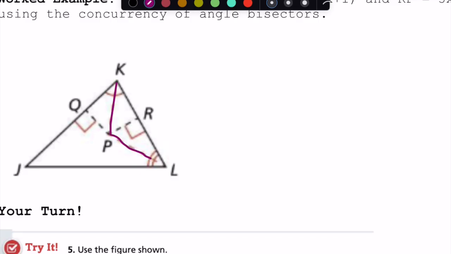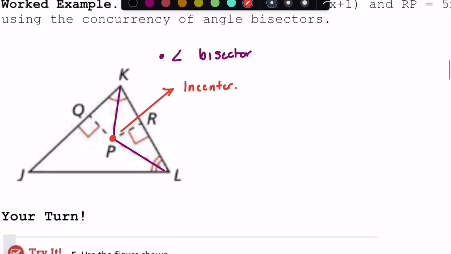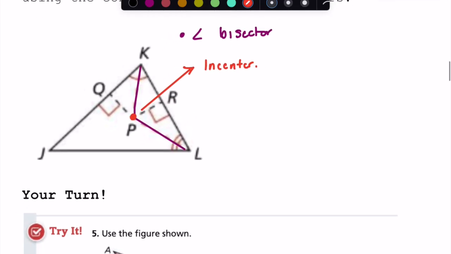And we know that they are going to meet at the incenter. This is the incenter because it's the point of concurrency for the angle bisectors. Therefore, this incenter is equidistant from all the sides of the triangle.